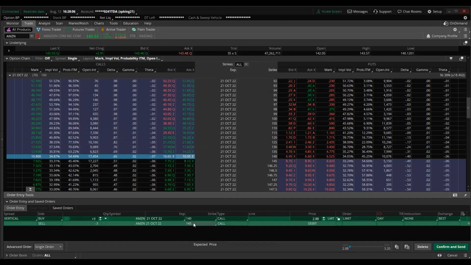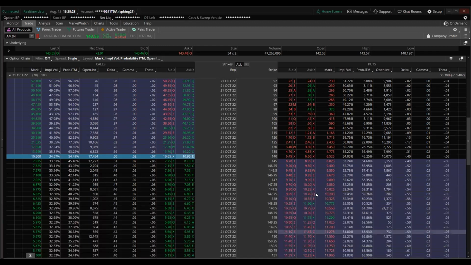Again, I'm looking for ideally a 1-to-1 here, and I'm not getting it. That's almost $3. So I'm risking $3 to make $2, right? So that doesn't really work for me. So ideally at the money, you want to be seeing a 1-to-1 risk versus reward. So you just have to play around with this a little bit.